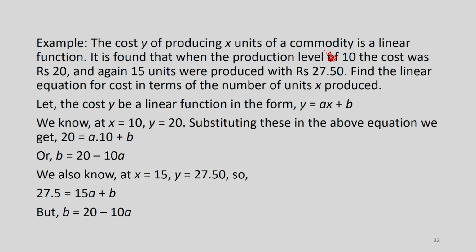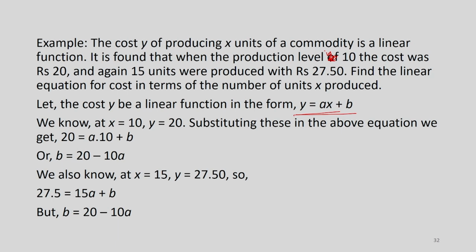Find the linear equation for cost in terms of the number of units x produced. So, x is the number of units that is being produced and y is the cost. So, we have to find a and b, and we are given the information that the relationship is linear.